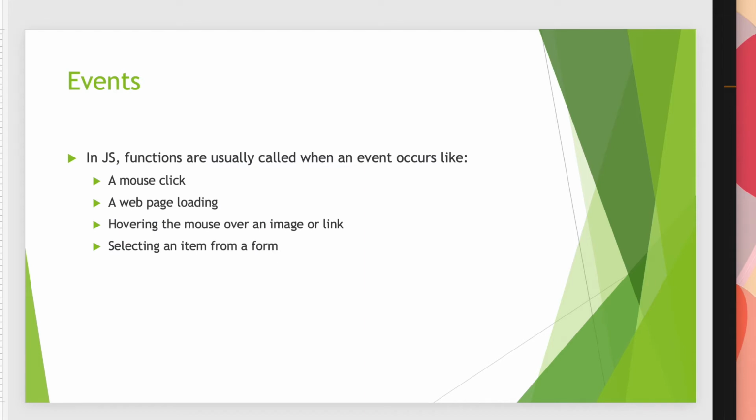For JavaScript, we typically like our functions to be called when some kind of event occurs, like the user clicks somewhere on the page, the web page loads, the user hovers the mouse over an image or a link, or the user selects an item from a form.